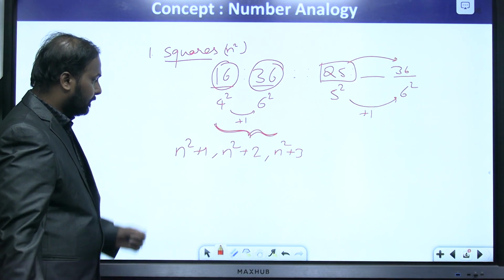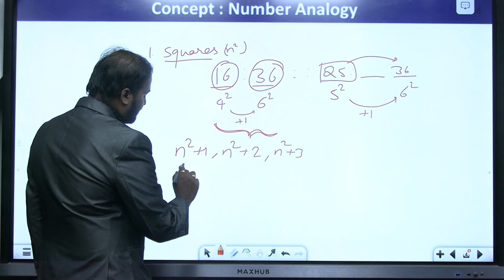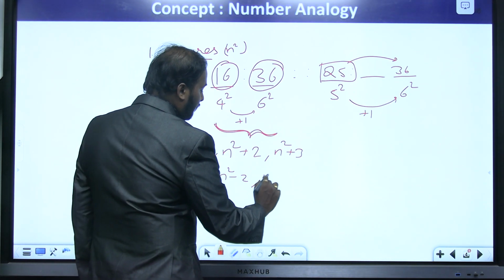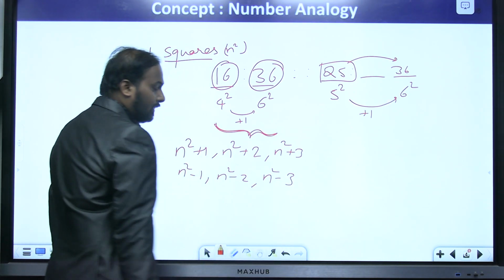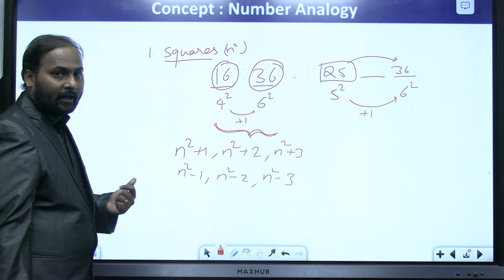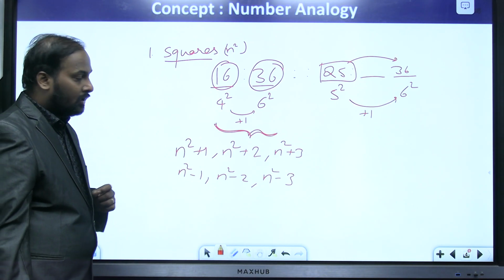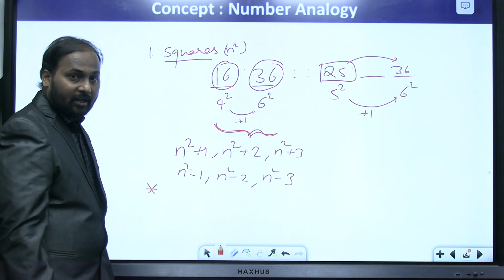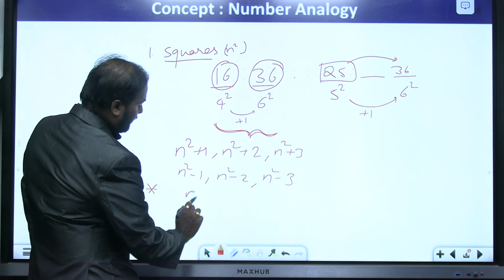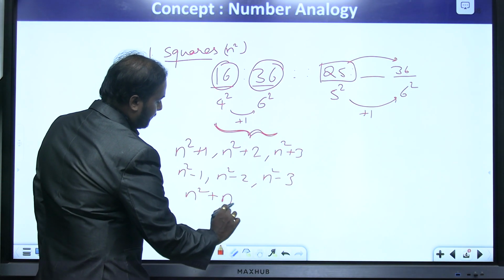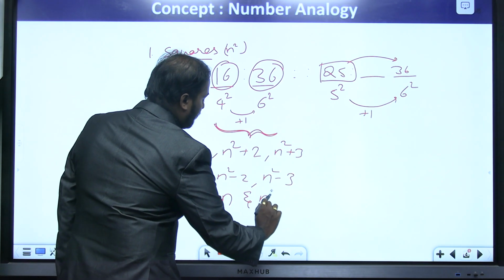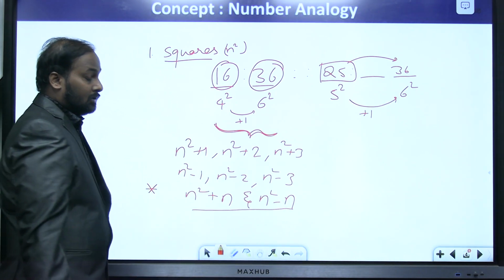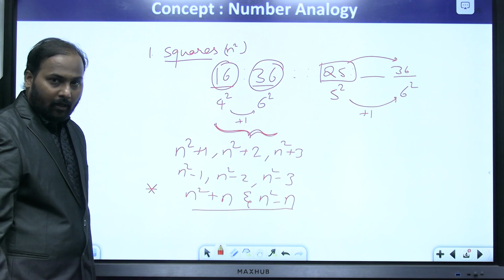Similarly, we can expect n square minus 1, n square minus 2, and n square minus 3 formats as well. The most important format we can expect in the exam is n square plus n and n square minus n.